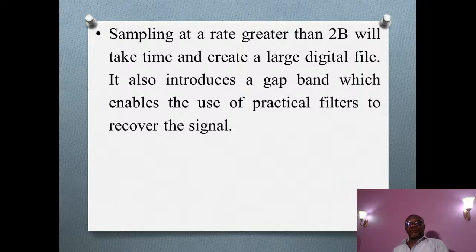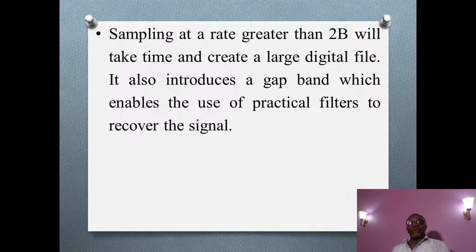Now, what happens if we sample at a rate lower than the Nyquist rate is that it becomes difficult for us to filter out, because if you are filtering the signal in purple, a portion of the one in blue will enter.